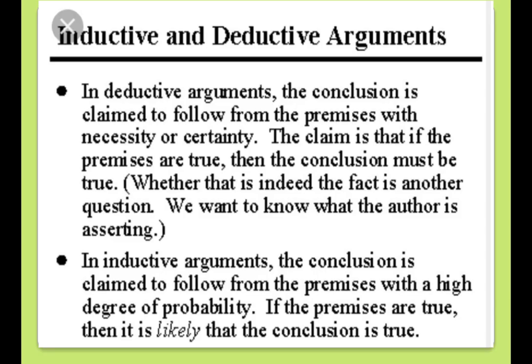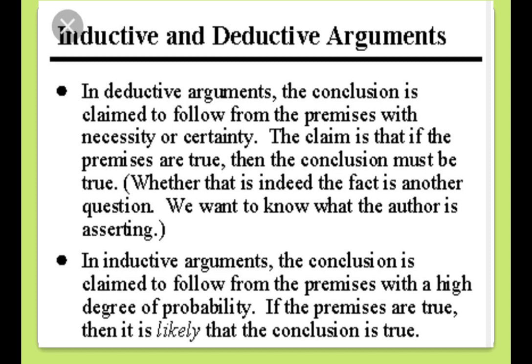Inductive and deductive argument. In a deductive argument, the conclusion is claimed to follow from the premises with necessity or certainty. The claim is that if the premises are true, then the conclusion must be true. Whether that is indeed the fact is another question.